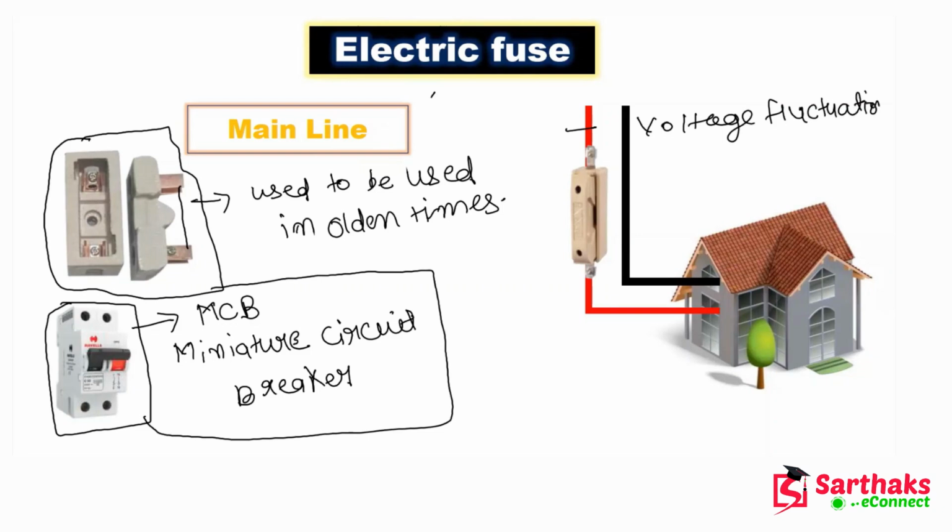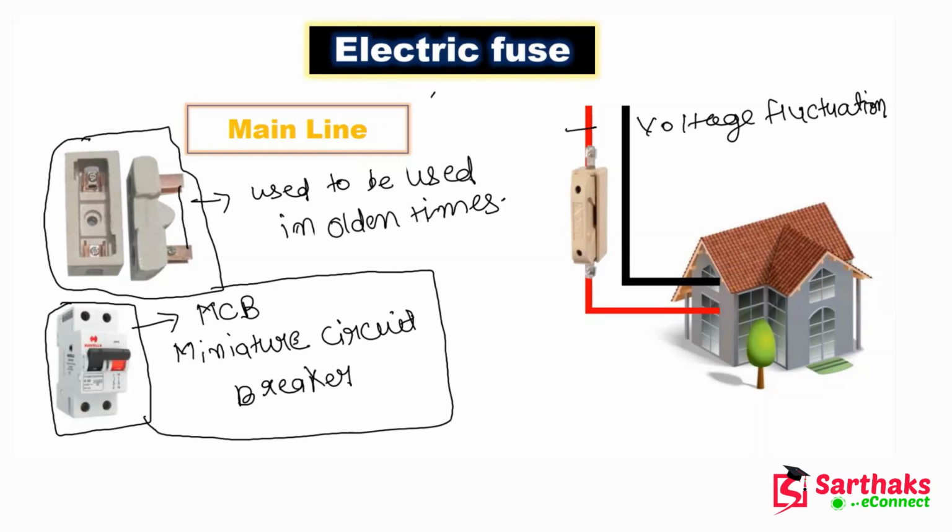Now because of the voltage fluctuation, our current also fluctuates, and because of this fluctuation, our appliances may get damaged. So to prevent this damage, what do we use? We use this fuse.